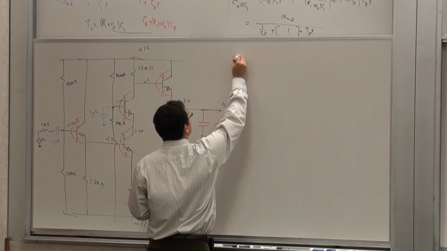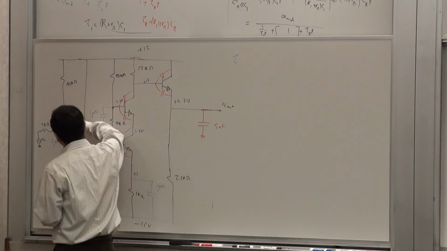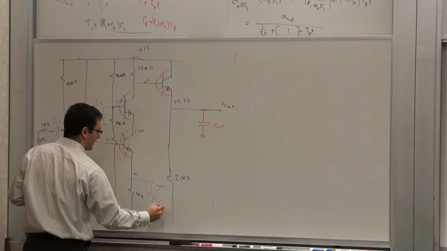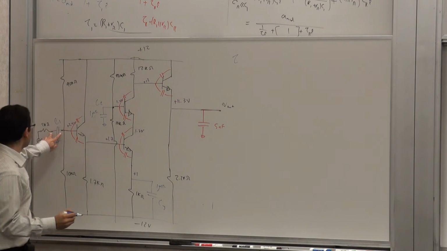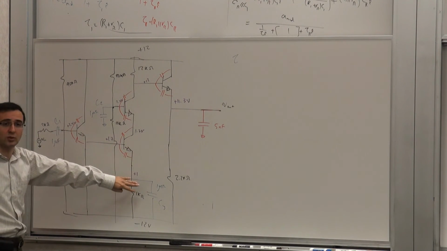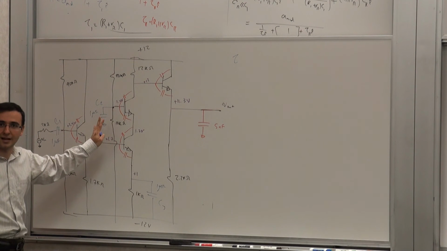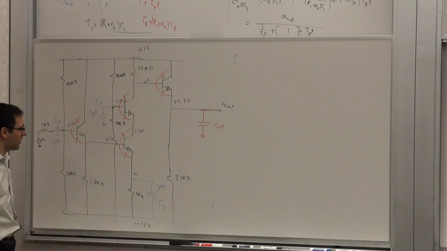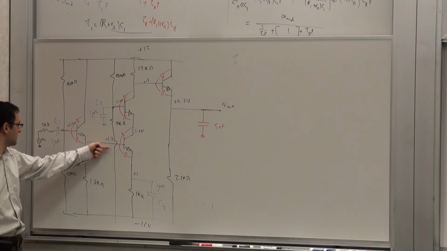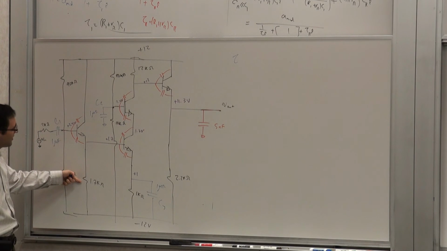Let's call these C1, C2, C3. What is the resistance seen by this guy when all the other capacitors, not the red ones, the blue ones, all the blue ones, because that's the circuit we're analyzing, are shorted? If this is shorted, what you see here is R pi, 2.5 kilo ohms, and then compare the 1.7.